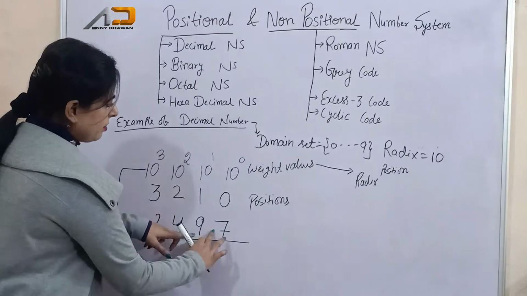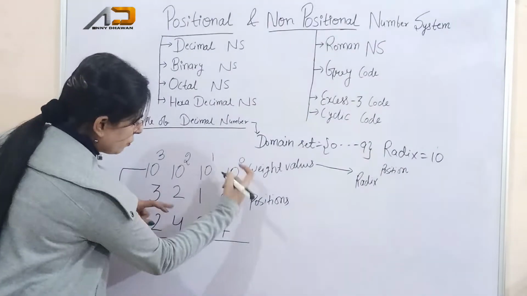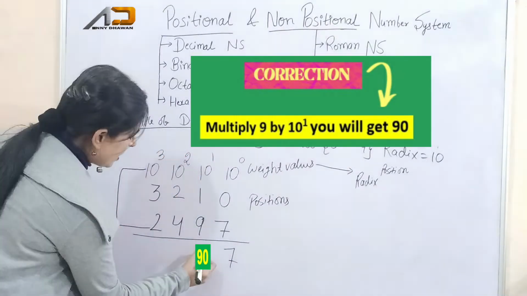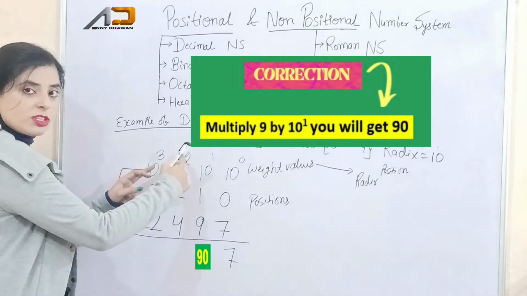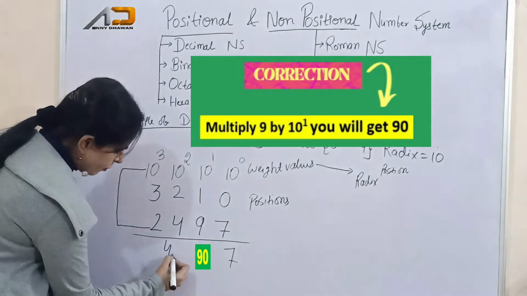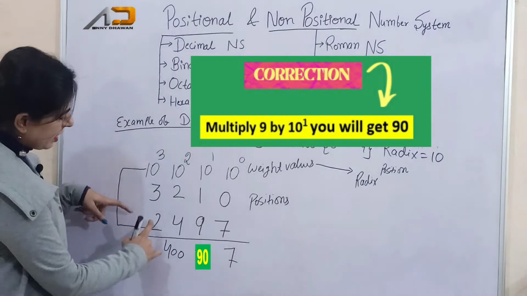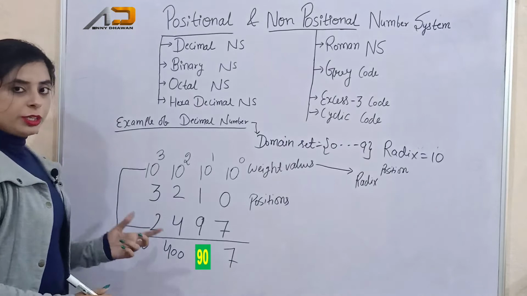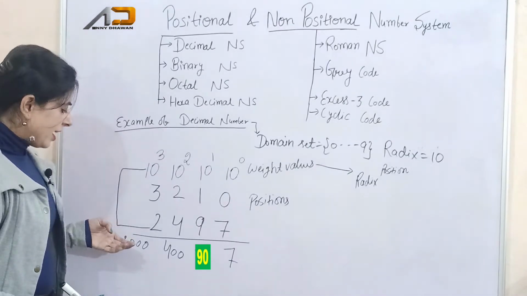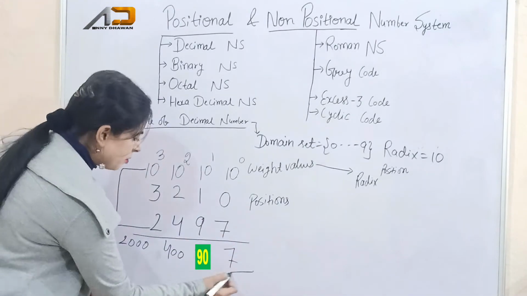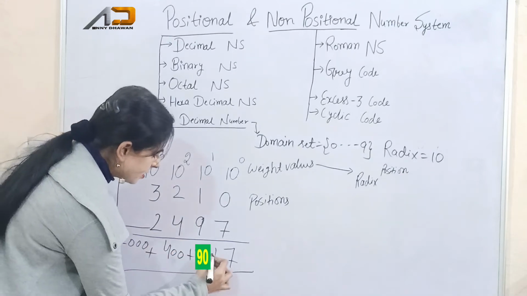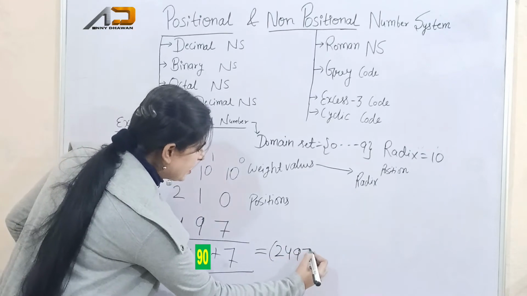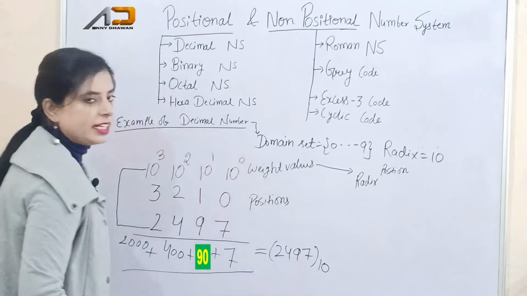That is, 7 multiplied by 10 raised to the power 0, you will get 7. 9 multiplied by 10 raised to the power 1, you will get 90. 4 multiplied by 10 raised to the power 2, you will get 400. And 2 multiplied by 10 raised to the power 3, you will get 2000. And to get the final answer, add the values of all the positions, and you will get the number 2497 to the base 10.